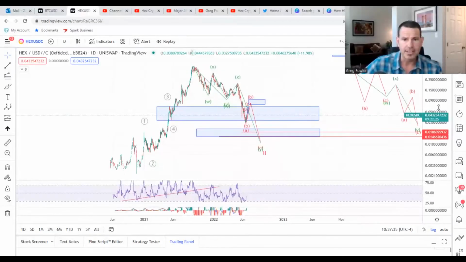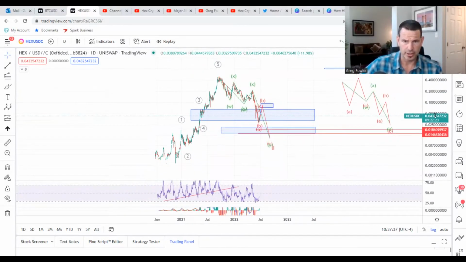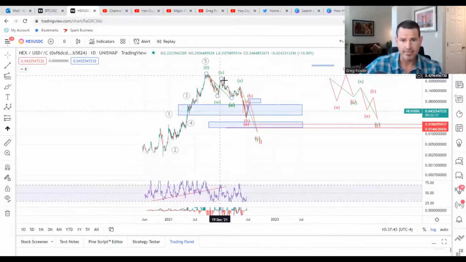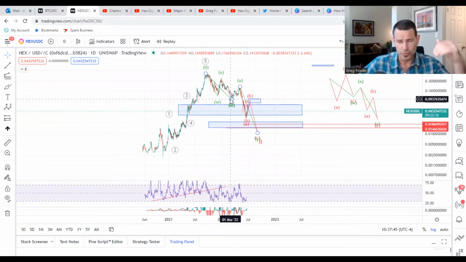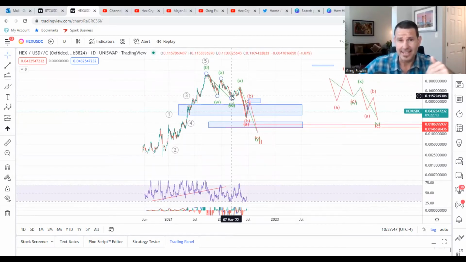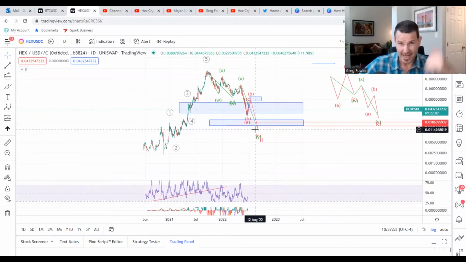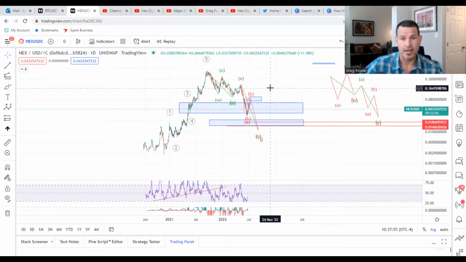What that means with this type of correction is that once HEX hit this 51 cent area, it came down into a flat, which wasn't really that deep of a correction. Then it made a connector wave, and what the zigzag is doing is sending it deeper to finish it off.